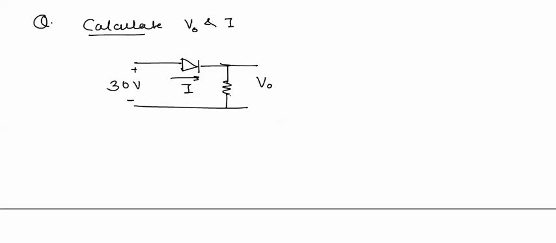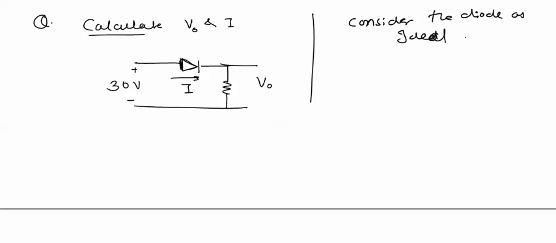In this problem, we are not given any specification about diode, and material is not mentioned, and no forward drop is mentioned. So we will consider the diode as ideal. Considering the diode as ideal, it will be replaced with a short circuit when it is operating in forward bias.